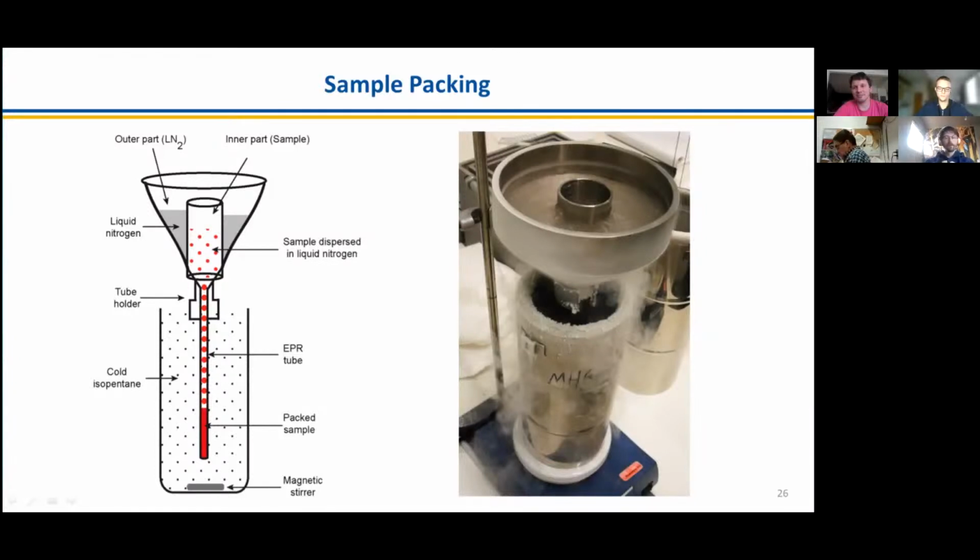Okay. If I may, can I ask one more question? You mentioned this 40 microsecond freezing time, and I assume this is very dependent on the quality of your jets, meaning the size of the micro droplets that hit your frozen plate.